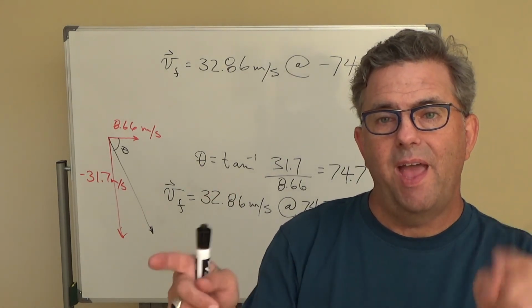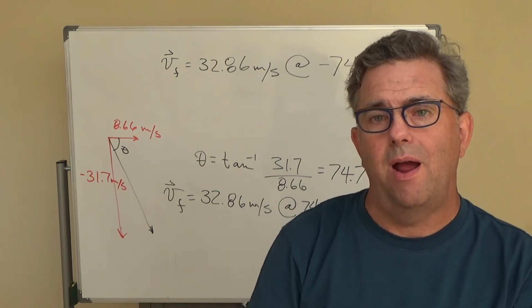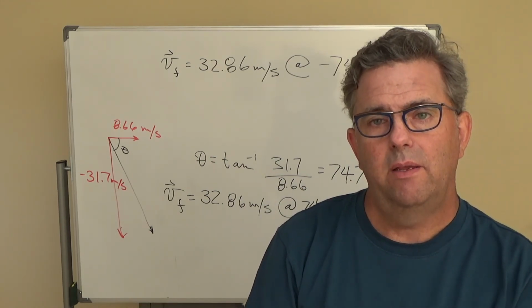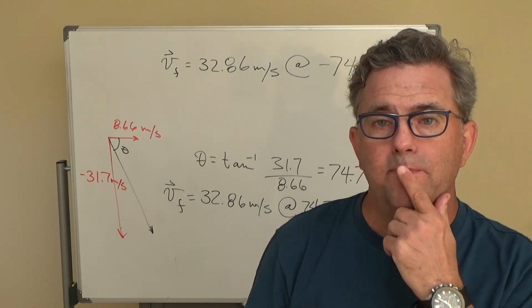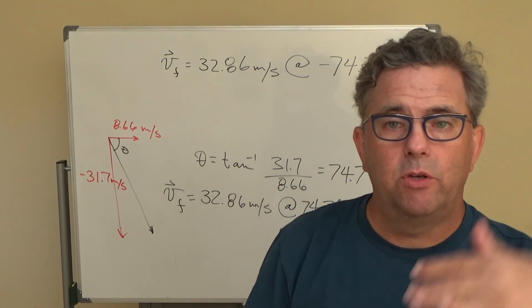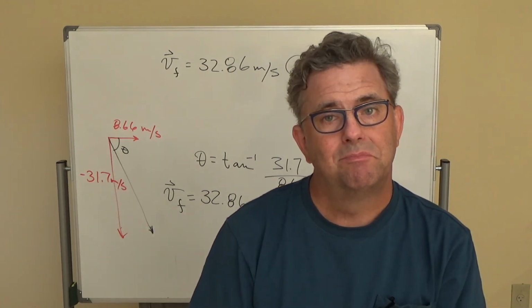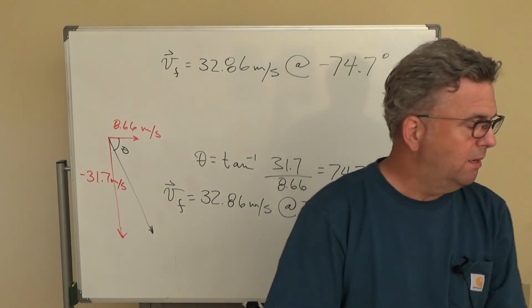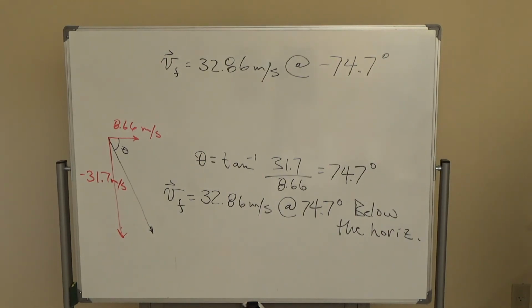If you were given the distance that the object impacted the ground, you could have used the x direction to figure out the time. Then maybe using that time, you could have figured out the height of the building. Okay, this is the idea. We'll do several more of these type examples as we go along.